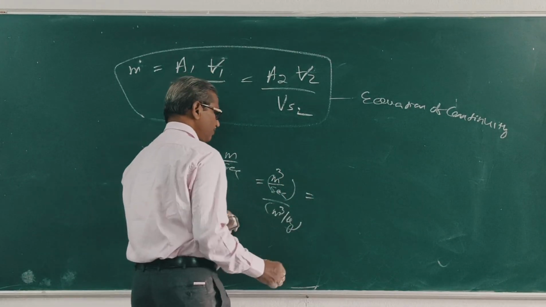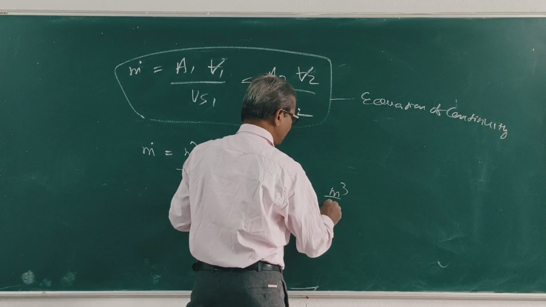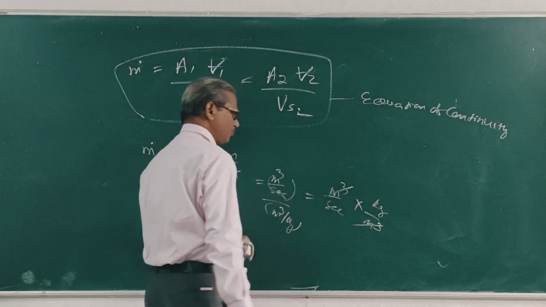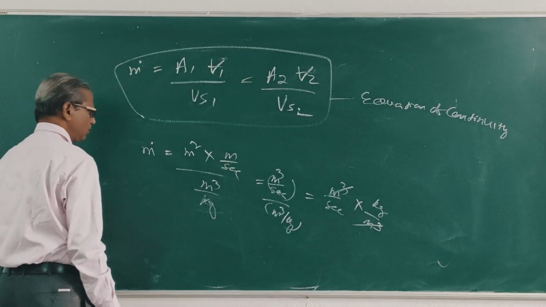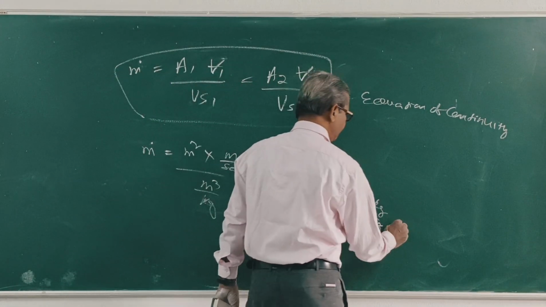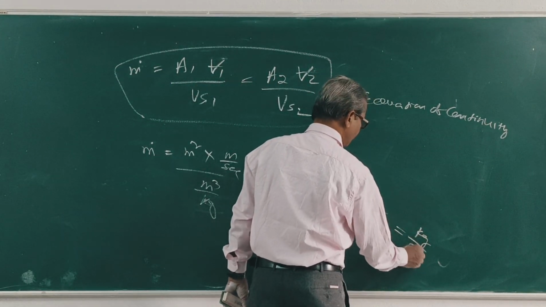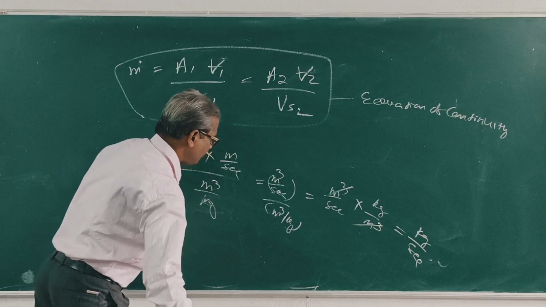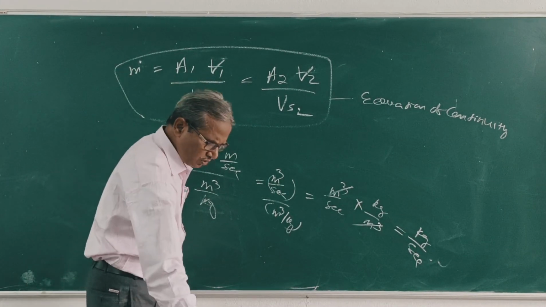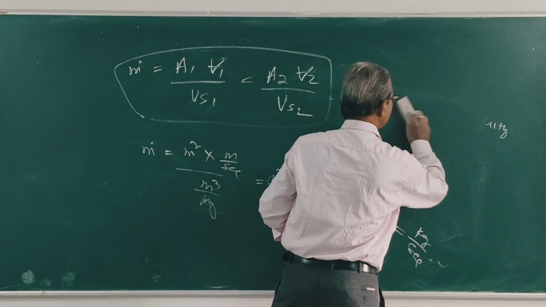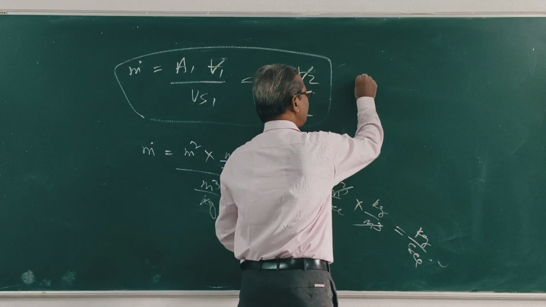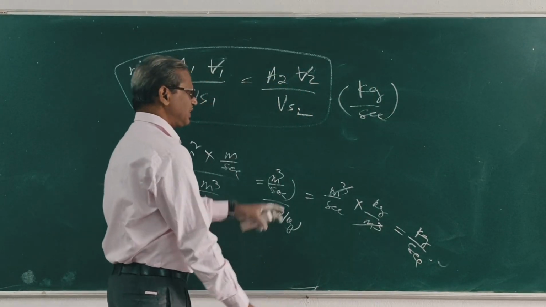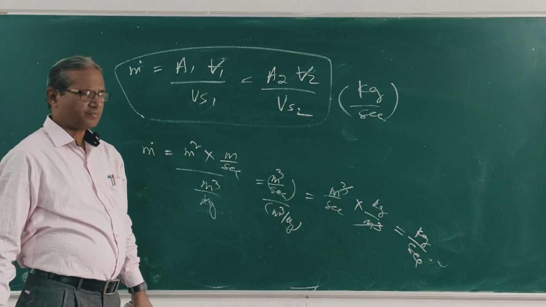This is meter per second into kg per meter cube. Clear? Cancels out. This will be kg per second. So this is mass flow rate, M dot, the mass of fluid flowing per second. So its unit is kg per second, right?